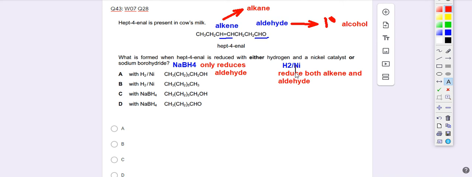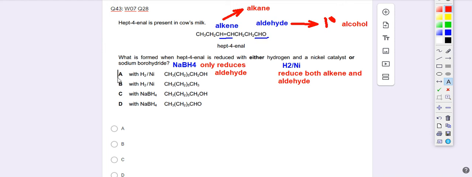Since hydrogen and nickel catalyst can reduce both the alkene and aldehyde functional groups in hep 4-enol, this part will become CH2CH2, and here you get the primary alcohol CH2OH.